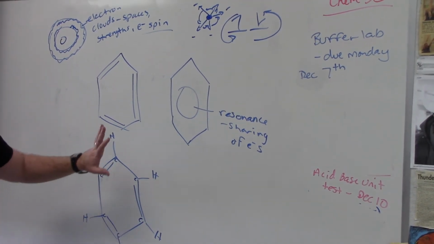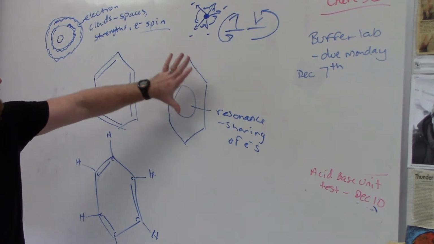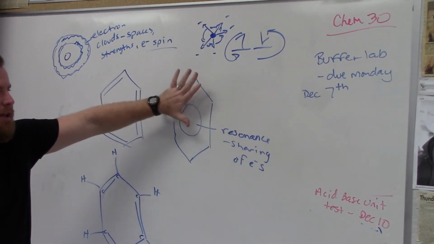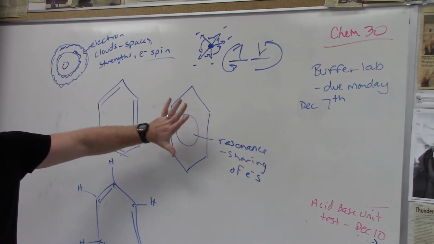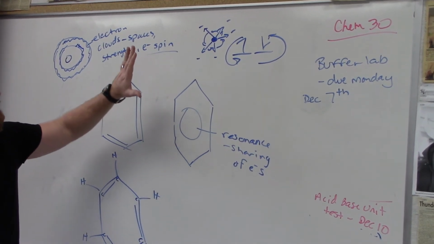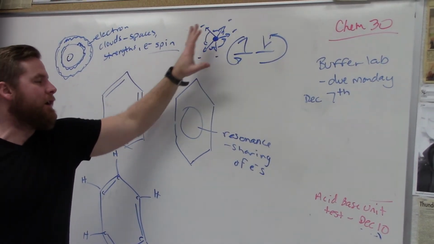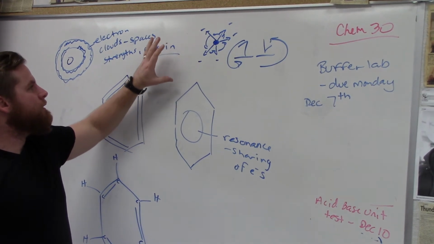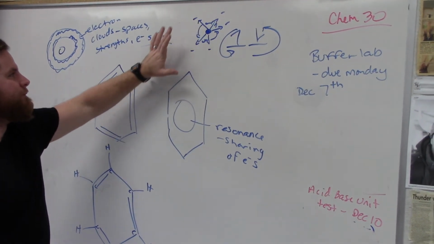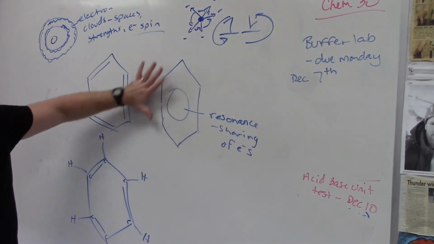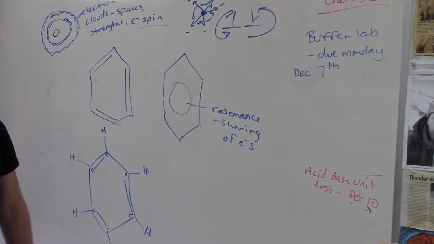The electrons are shared equally among the carbon atoms, and this makes benzene extremely unique. And this phenomenon of the interlocking relationships of the electrons being shared with all these carbon atoms at once is called resonance.